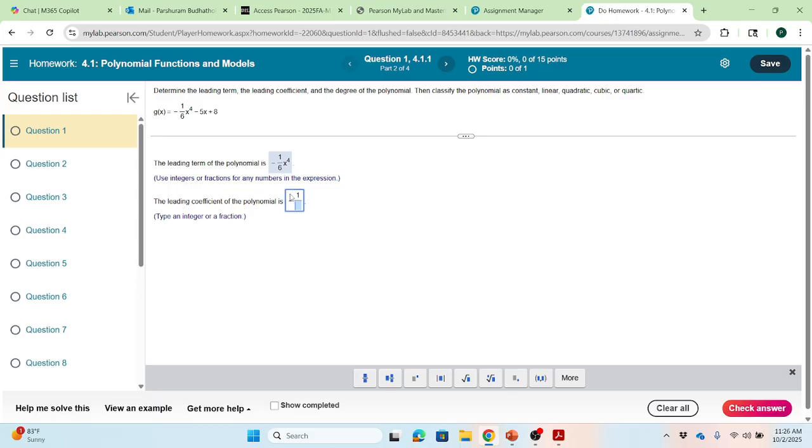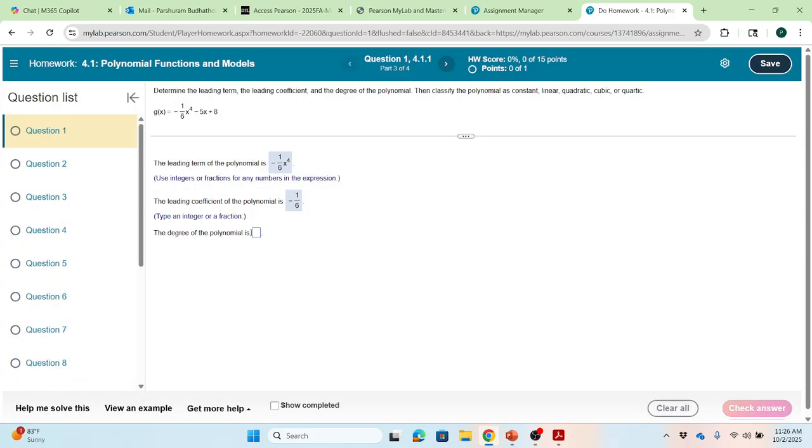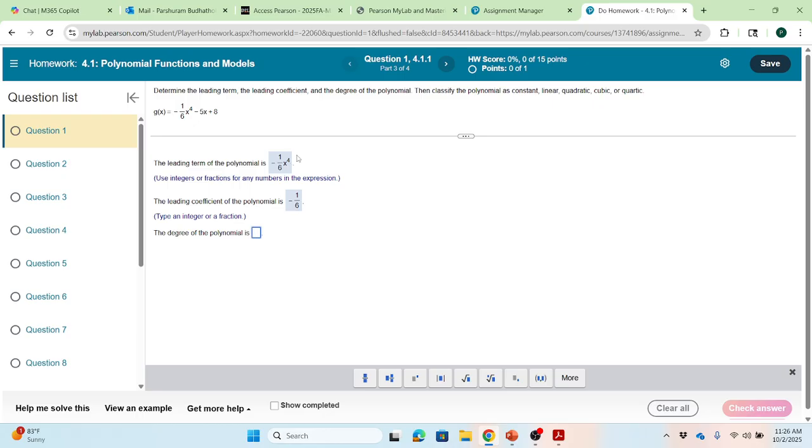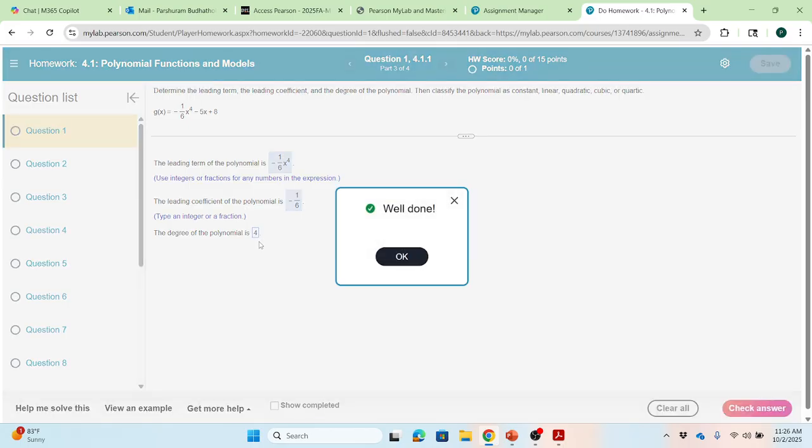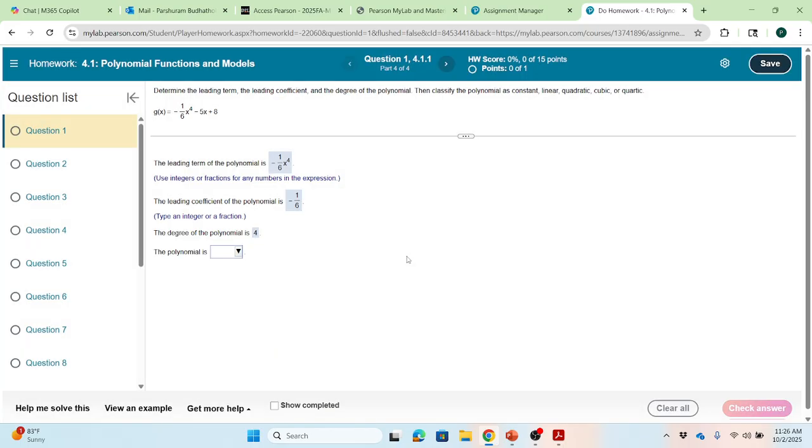In this case, it's negative 1 over 6. And then the degree means the exponent of this leading term, which is 4. Because it's degree 4, the polynomial is called quartic.